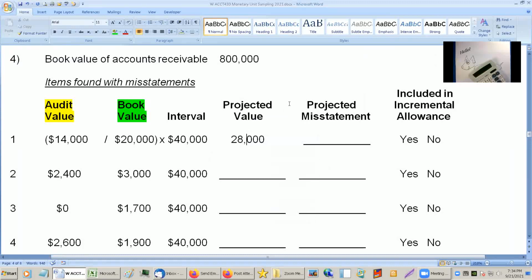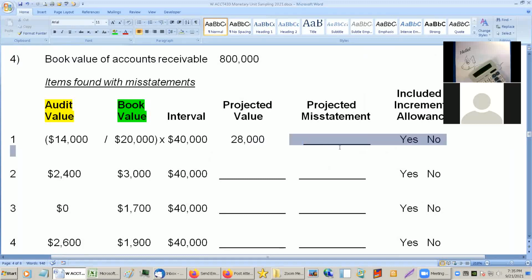So what would be the projected misstatement? Oh, come on, somebody knows. 12,000? Yep, 12,000. So the misstatement will be 12,000.